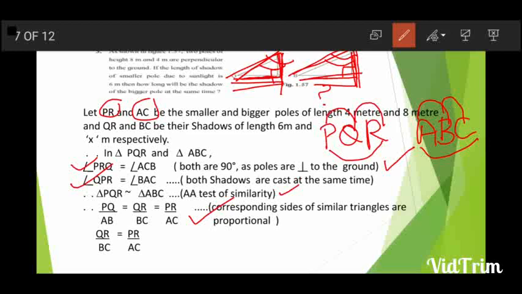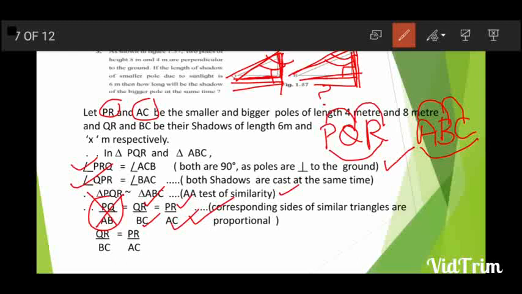Now here there are three pairs we have written, but see, they have given information about PR, that is PR is given. They have given information about QR, they have given information about AC, and BC is asked. So this ratio we don't need, so I am leaving that ratio.